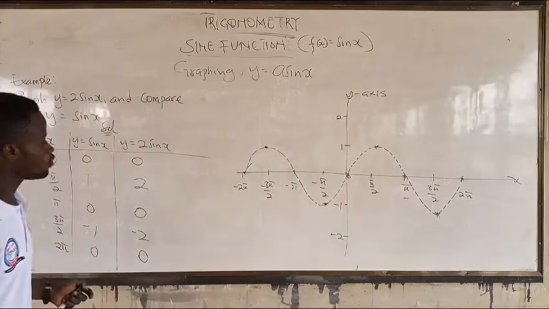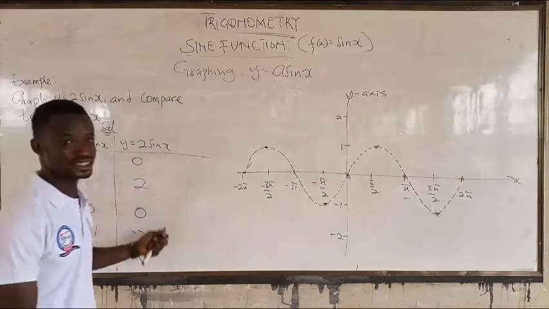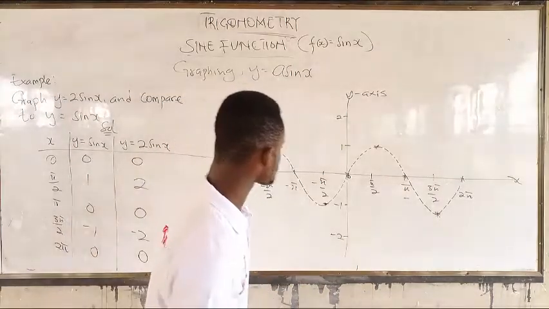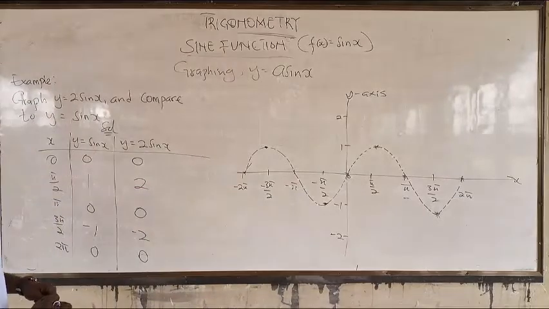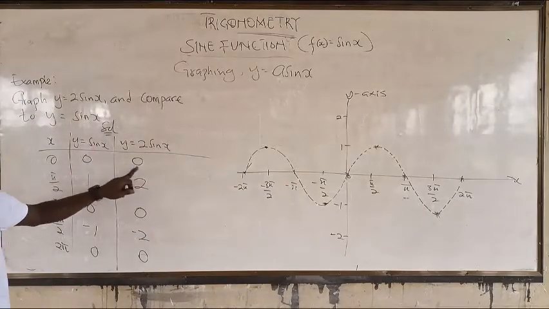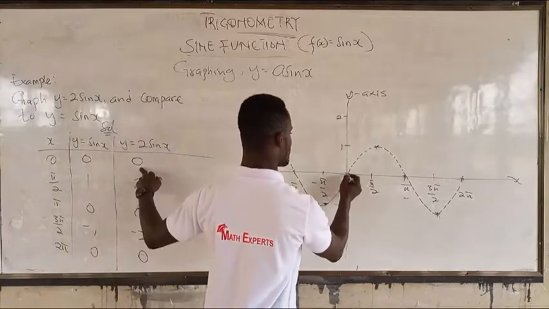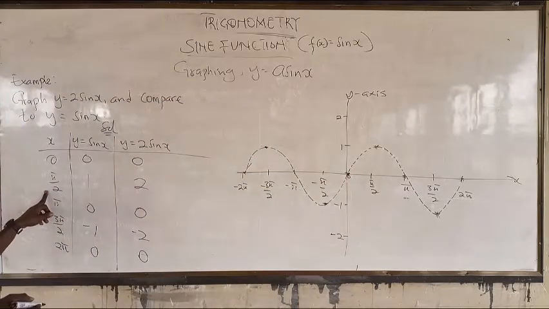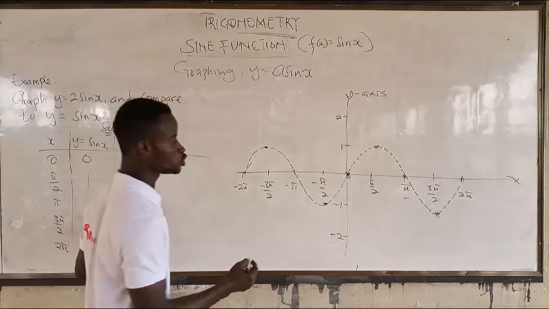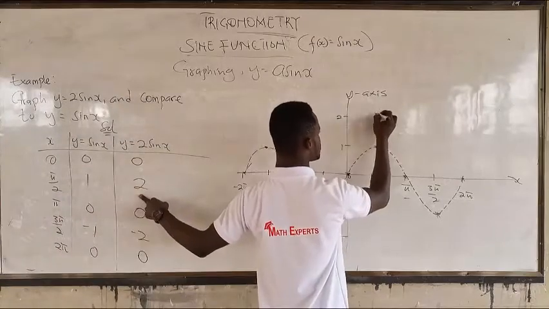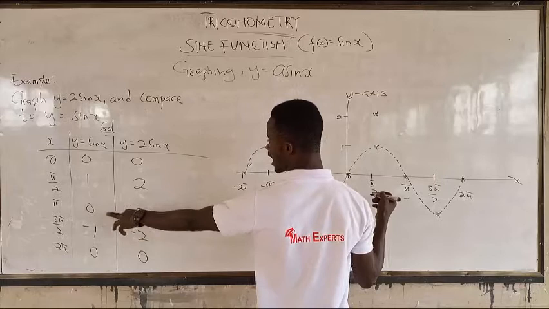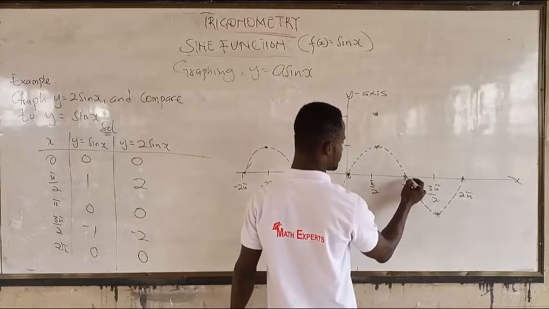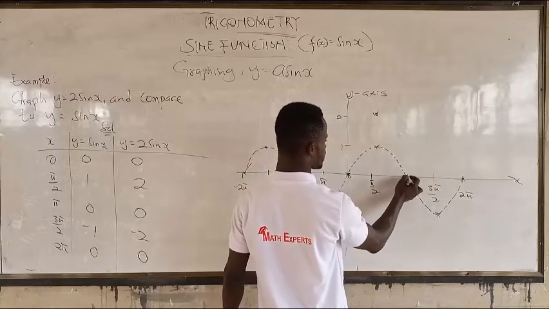Very good. Now we move to y is equal to 2 sin x. So for y is equal to 2 sin x, let's see, 0 at x, 0 at y. So that one will start at the origin. Then at pi on 2, it will get to 2. Oh, very good. At pi, it will get to 0.